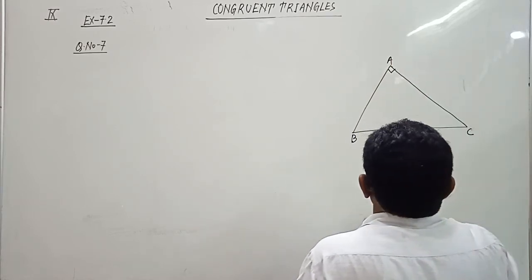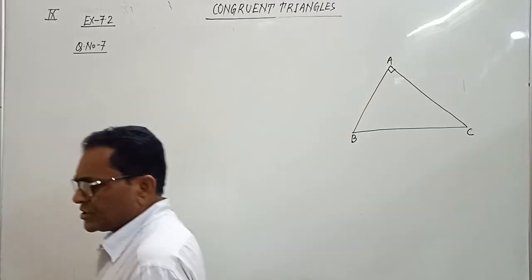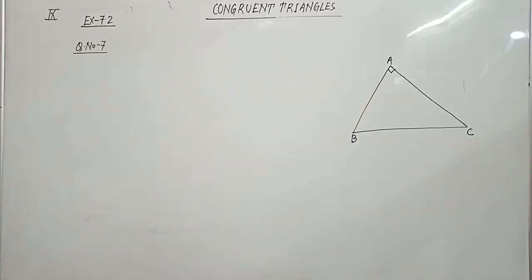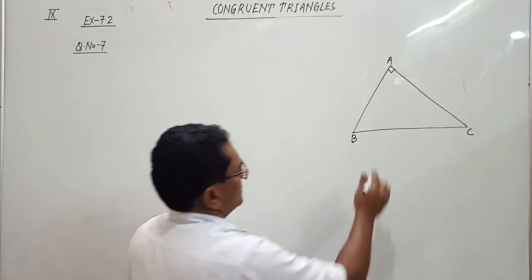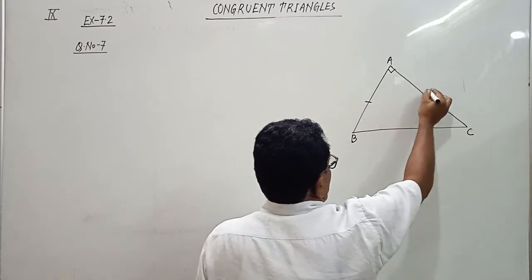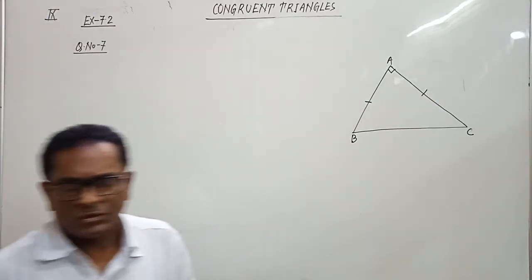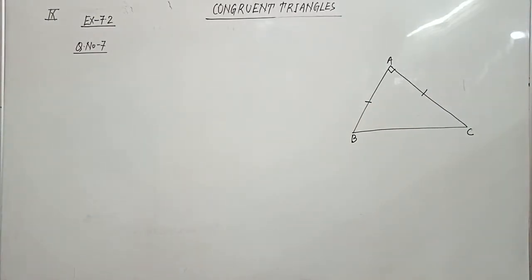ABC is a right angle triangle in which angle A is 90 degree and AB equals to AC. Side AB is equal to side AC. Then find angle B and angle C.